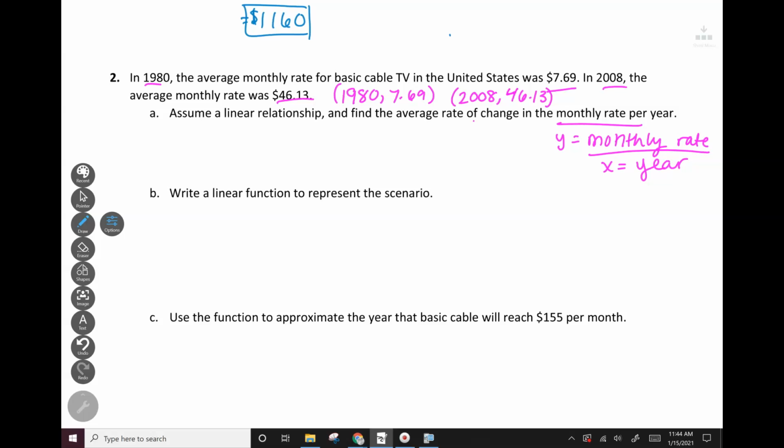All right, so it says to find the average rate of change. So we're finding the slope, or just how much the cost is increasing per year. So we're going to do 46.13 minus 7.69, just doing y2 minus y1, my slope formula, rate of change. Okay, let's see what that comes out to.